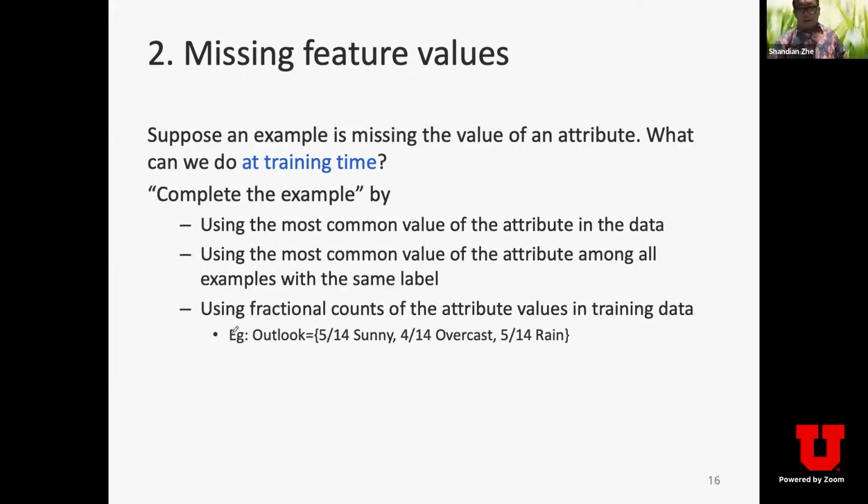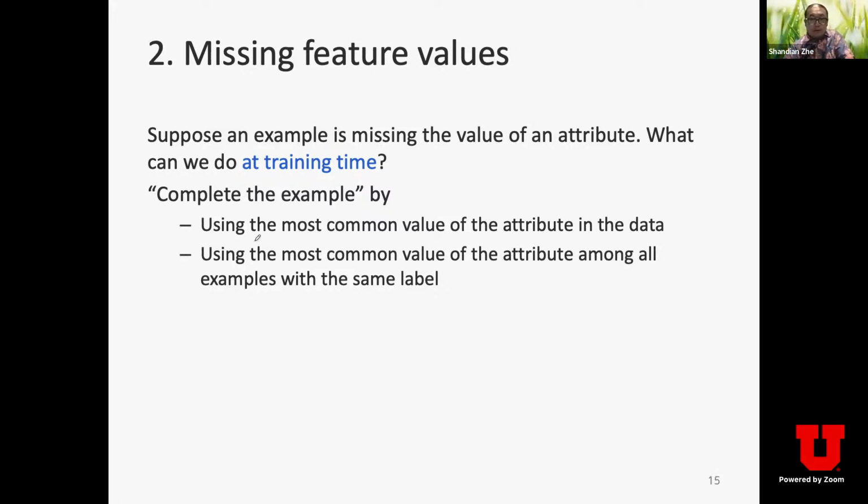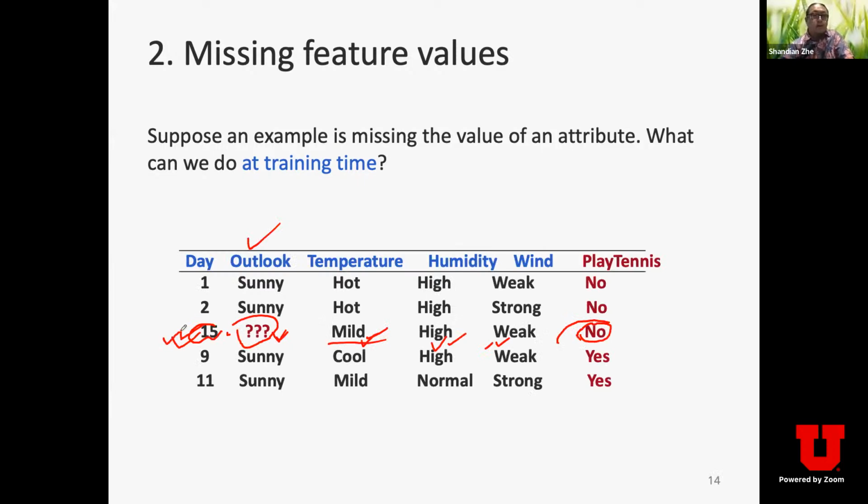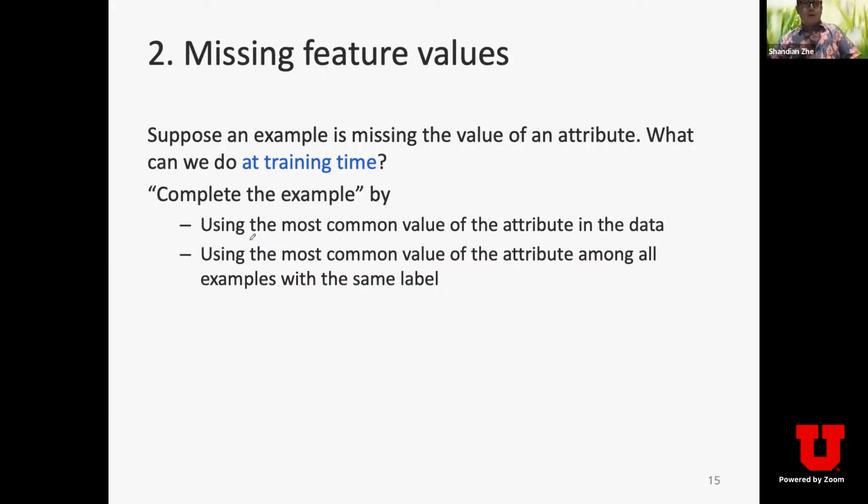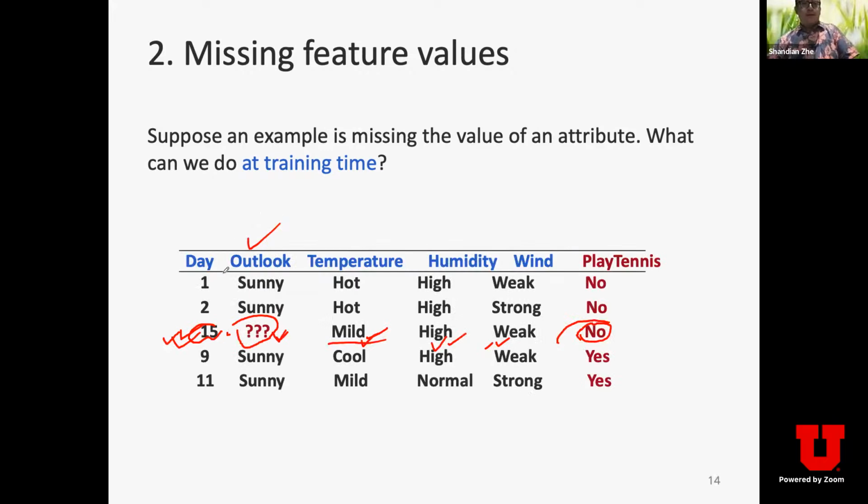Now I want to introduce the third one. This is a pretty fancy technique. Because in those solutions, even when we consider starting from the lowest level and backtracking, we're always trying to fill, complete, or impute the outlook value with a single value.